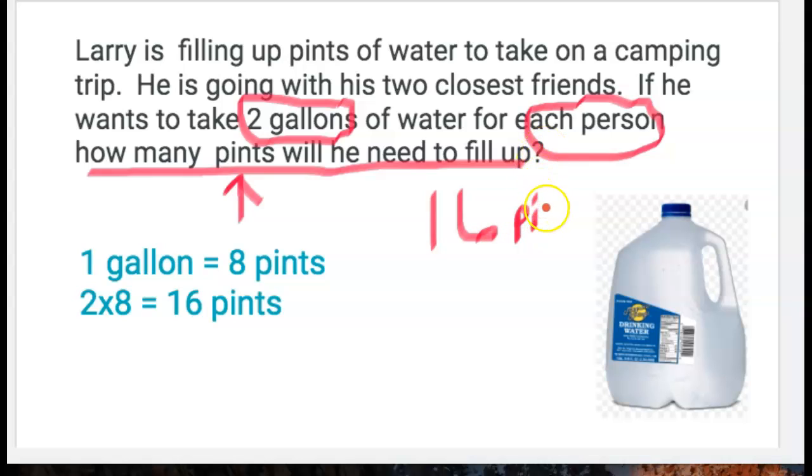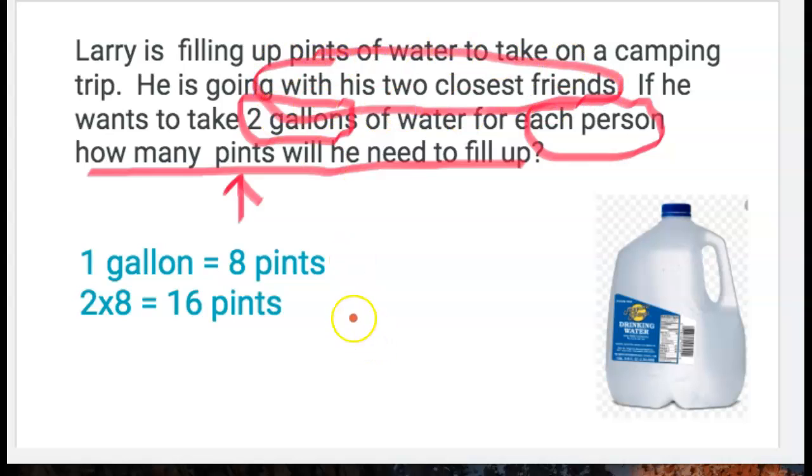Wait a minute. I'm not done yet. He wants 2 gallons for each person. So 2 gallons is 16 pints. Now how many people are there? He is going with his 2 closest friends. I'm assuming he's going to want water for himself. So each person is going to get 2 gallons, and there's going to be 3 people going.